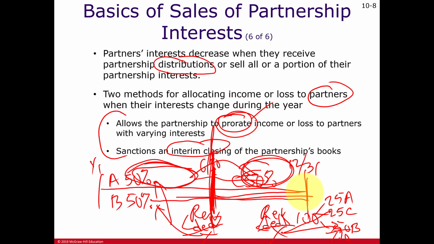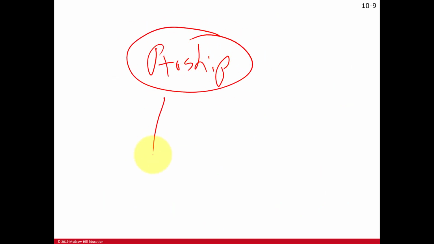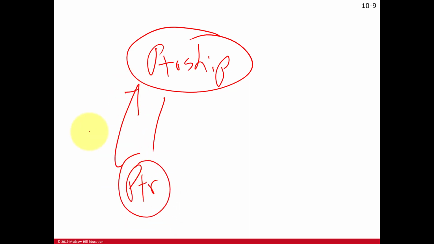Let's see how, again, summarizing how all of this increases or decreases a partner's interest. So let's say here is the partnership, and we have at least one partner down here. So we saw back in chapter 9, to form a partnership, a partner would make a contribution. Could be cash.